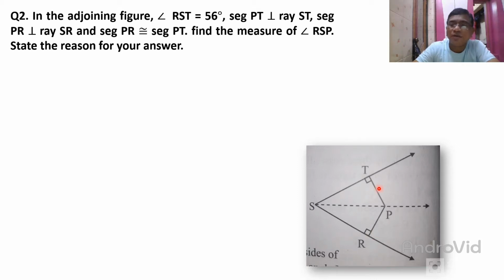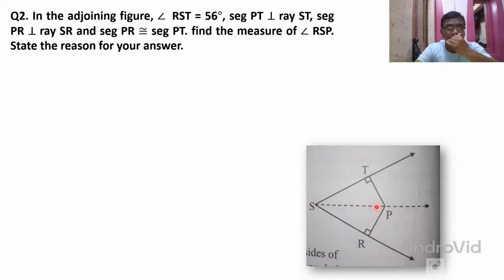Find the angular measure of angle RSP. So you want to find out angle RSP. Total angle RST is given to you, which is 56 degrees. And this SP is the angle bisector.